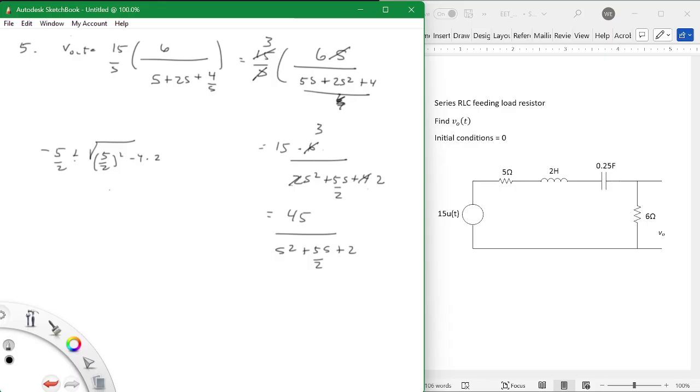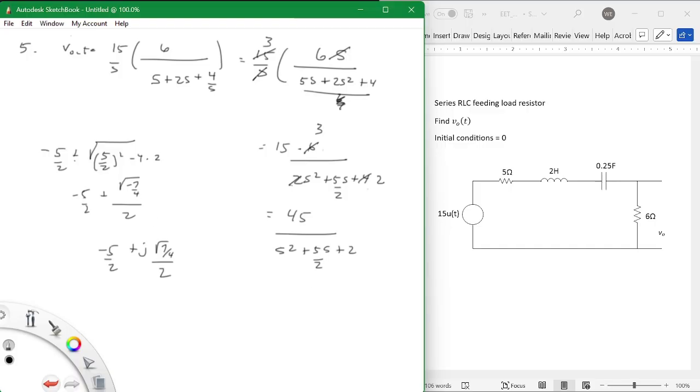So it's minus 5 halves plus or minus j square root of 7 over 4, over 2.